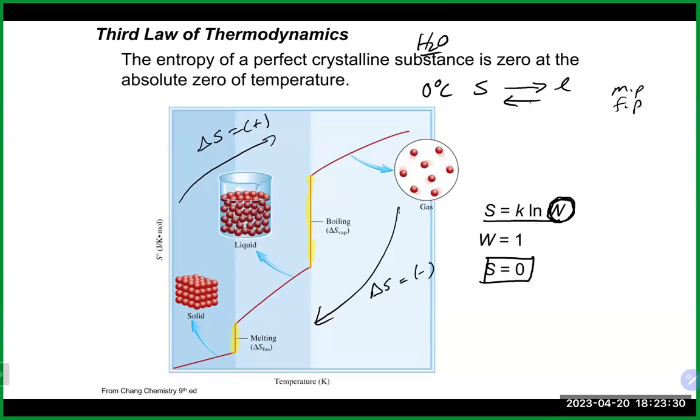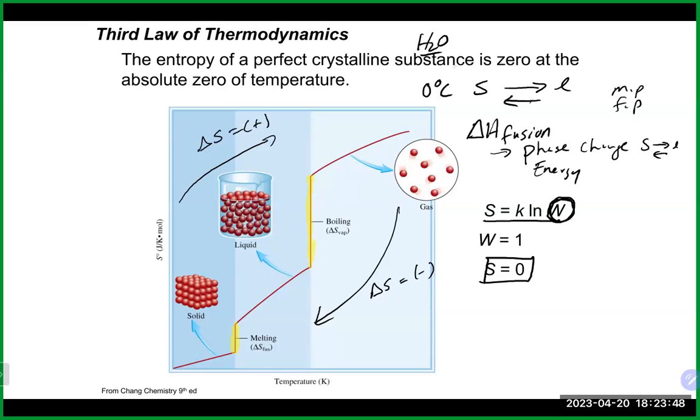And that is what is known as the delta H of fusion. Delta H of fusion is the energy required to do the phase change between solid and liquid and backwards.